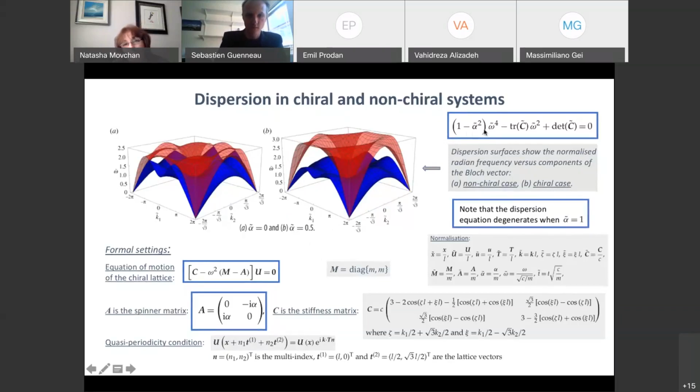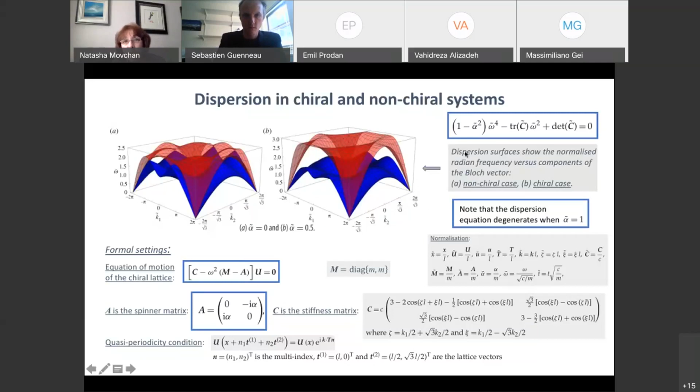If you look at these two sets of dispersion surfaces, we can see that they are different. So the top surface goes up, and we lose the points where, previously, for the case of just a normal triangular lattice, the two surfaces touched. Now they no longer touch, except for the origin and these edges.